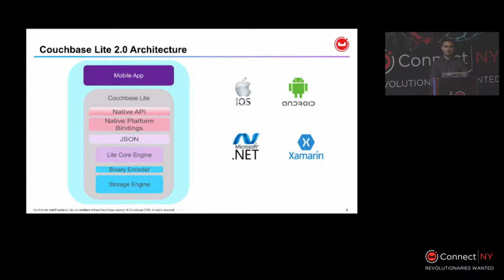So whenever you're accessing the data, whether that's key value, query, or FullText Search, capabilities that are part of 2.0, you'd be able to get to that data really, really quickly. Again, the API is consistent across all the platforms. I think that's one key tenet, because if you're beginning development in, let's say, iOS, and then you'd like to move to Android, the API shape remains exactly the same.